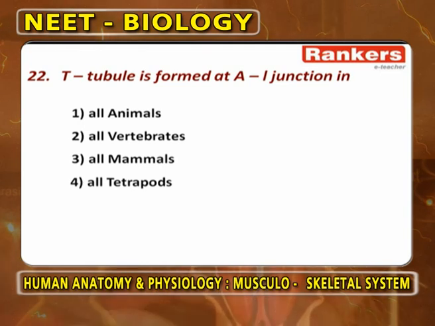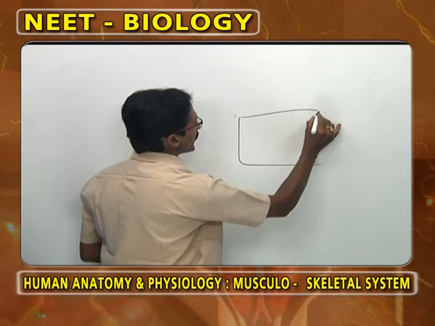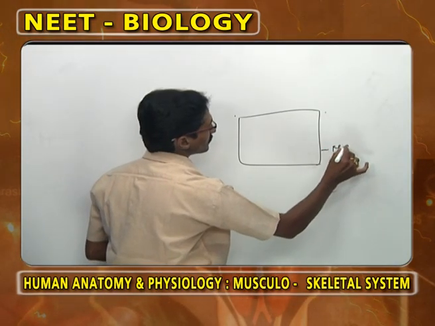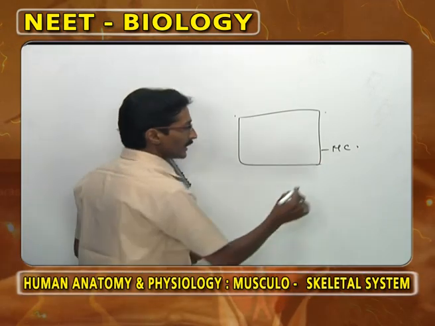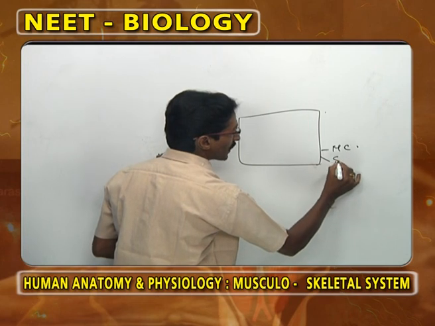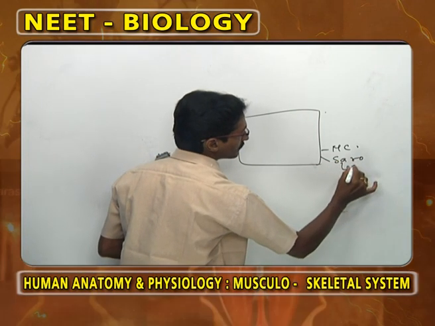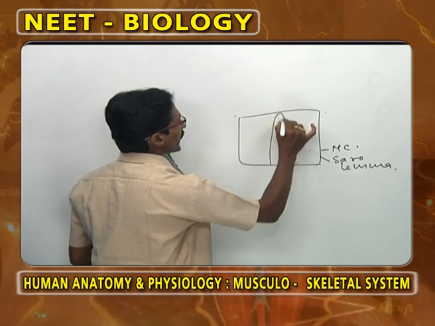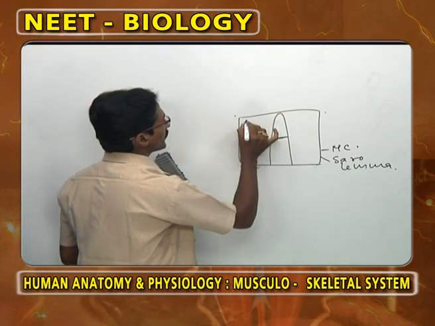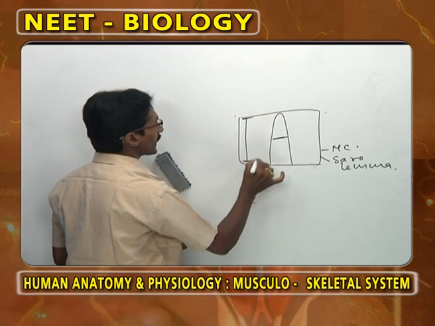Now in case of mammals, this is the muscle cell or muscle fiber or sarcocyte. It is covered by plasma membrane called sarcolemma. And this one we call the A band. And this one we call the I band.